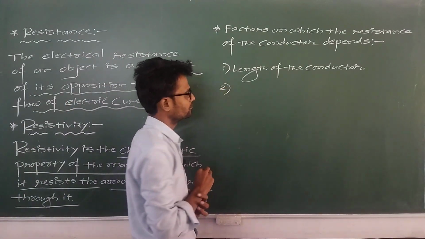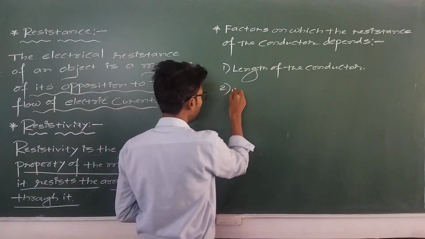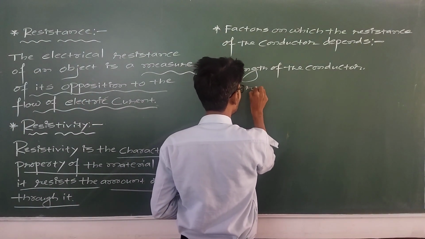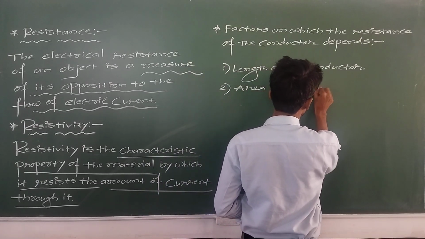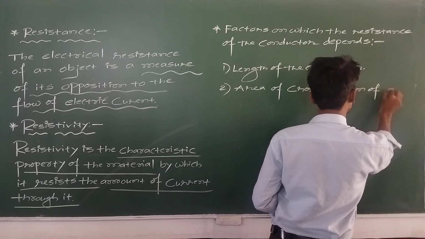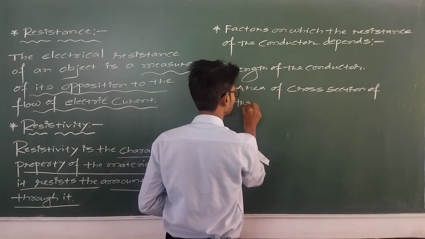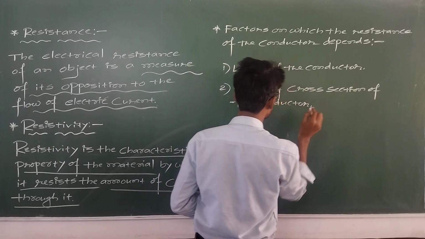Second one, area of cross section of the conductor.